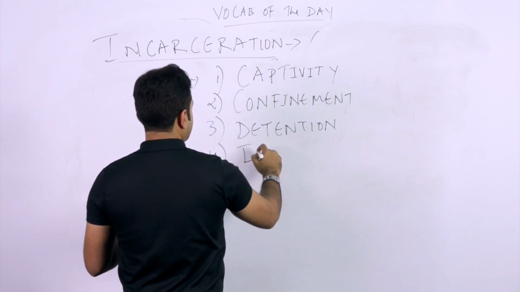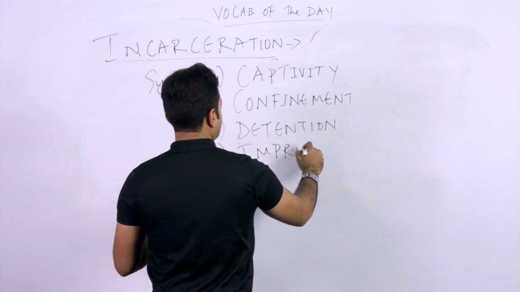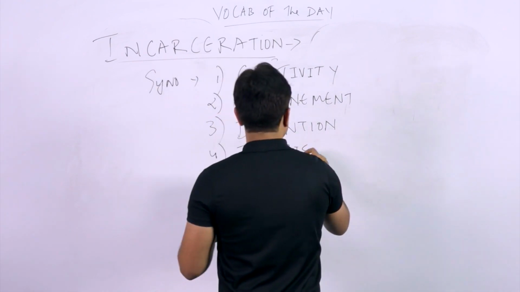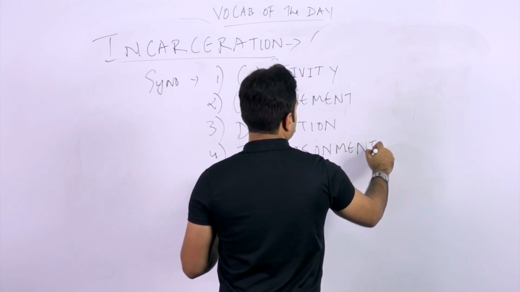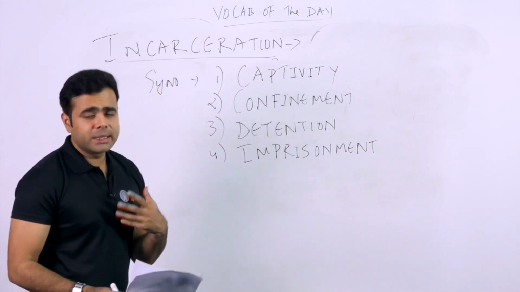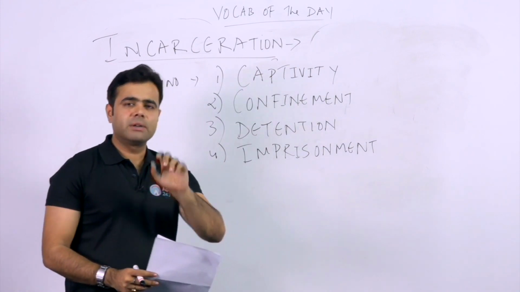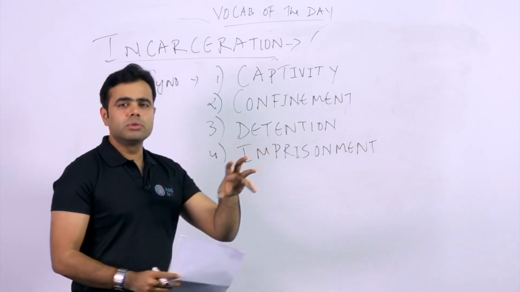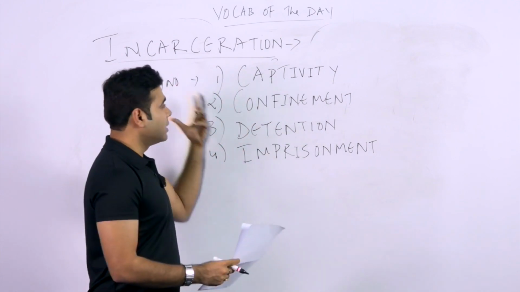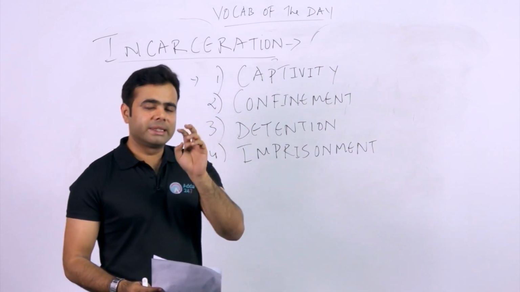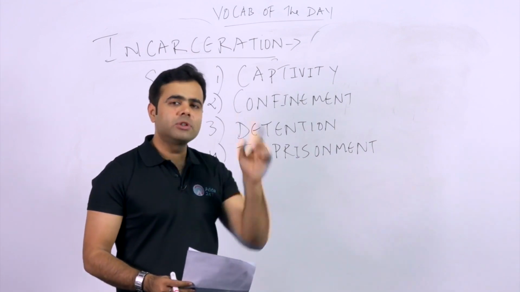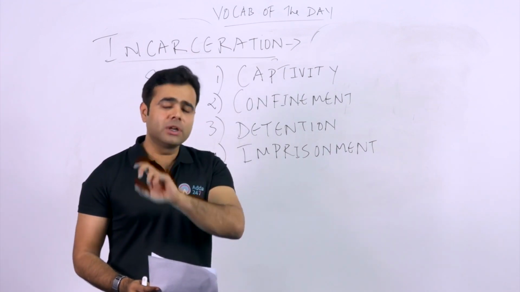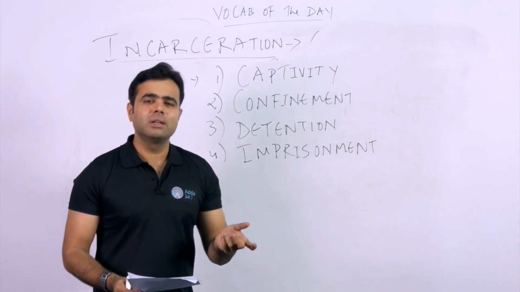After detention, you can say imprisonment. I have taken again a simple word. A simple word is very much required always when you are learning a difficult vocab. Students, it's my view, my perception, that whenever you read a difficult word, you must add a simple word to it, so that afterwards you can relate the difficult word with the simple word and remember it.